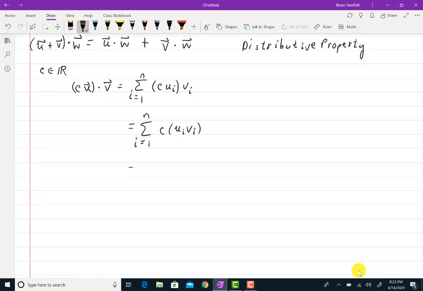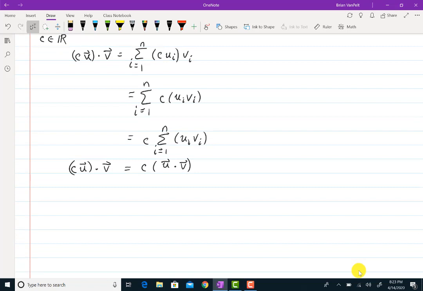And because c is multiplied to a sum, I can factor the c out. This is because of the distributivity of the real numbers. I can pull the c out of the sum of Ui Vi, and that's equal to c times U dot V. So I have cU. If I take that and then dot it with V, I can factor the c out front of the dot product. And so what do we have here? We have associativity, at least to the extent that you can with vectors.